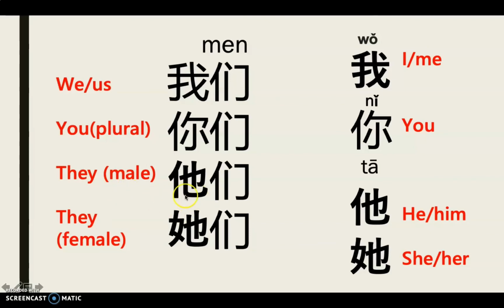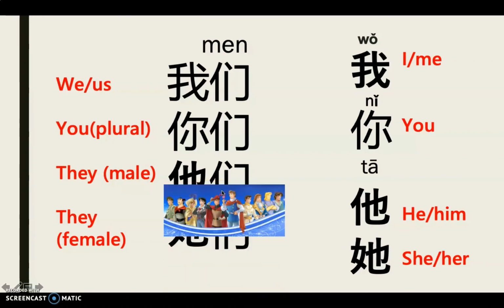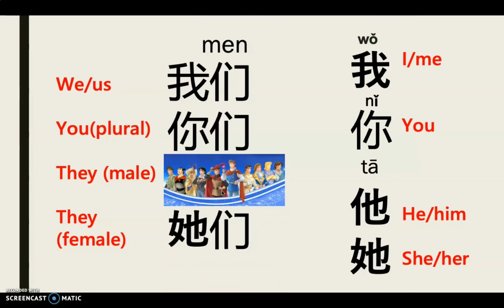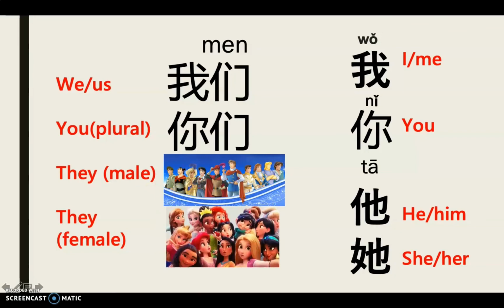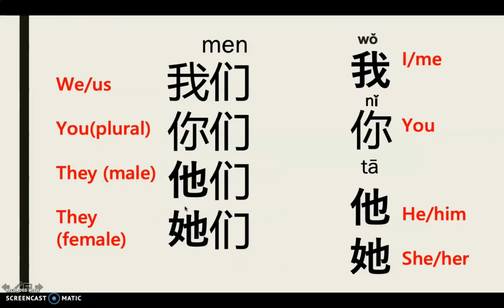But when it's written down, when you use 他们 in writing, it means a group of boys or a mix of boys and girls, right? But when you write 她们 like this, yes, they are definitely a group of girls. So this is the difference between 他们 and 她们, right?